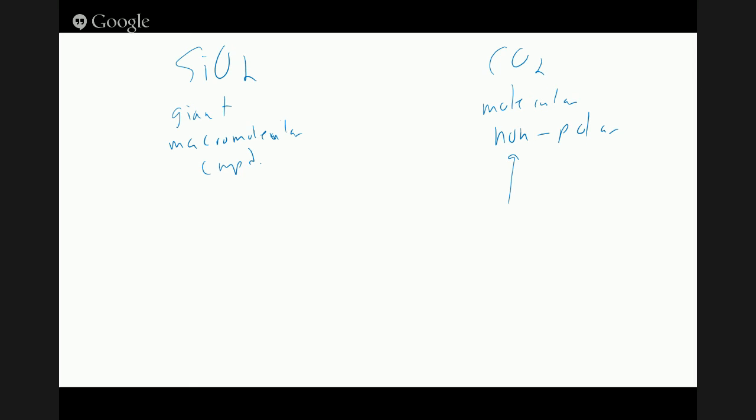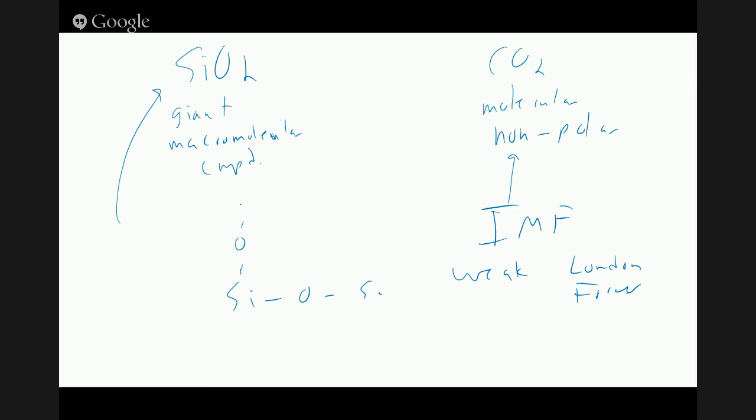So the intermolecular forces are relatively weak London forces. Whereas here, it's this giant network. Every silicon is bonded to 4 oxygens, and every oxygen is bonded to 2 silicons. And it's this giant molecule.